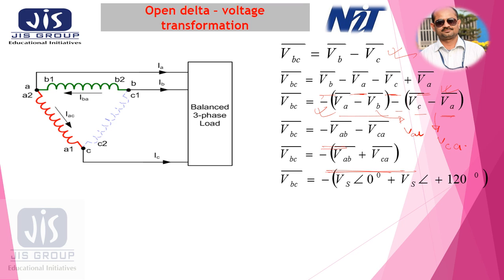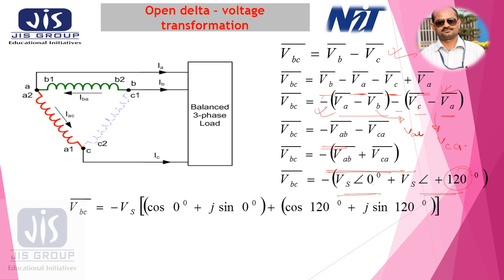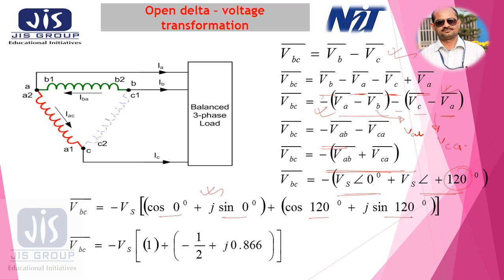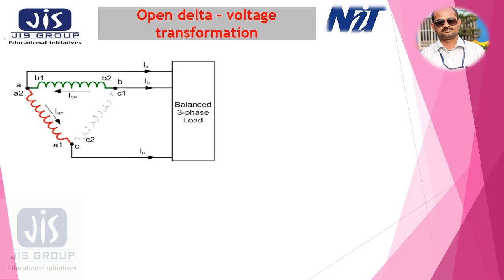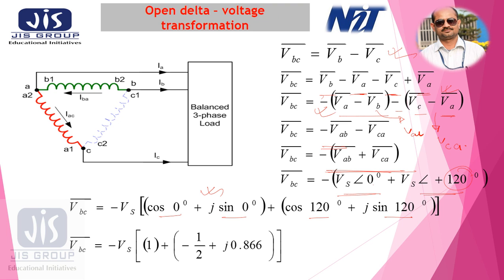Now if we put the magnitude and angle, VAB equals VS angle 0 degree, and VCA is VS angle plus 120 degree. So again we apply de Moivre's theorem: cos 0 degree plus j sin 0 degree, and cos 120 plus j sin 120, and this will become this. VBC equals, we are getting the value as this.